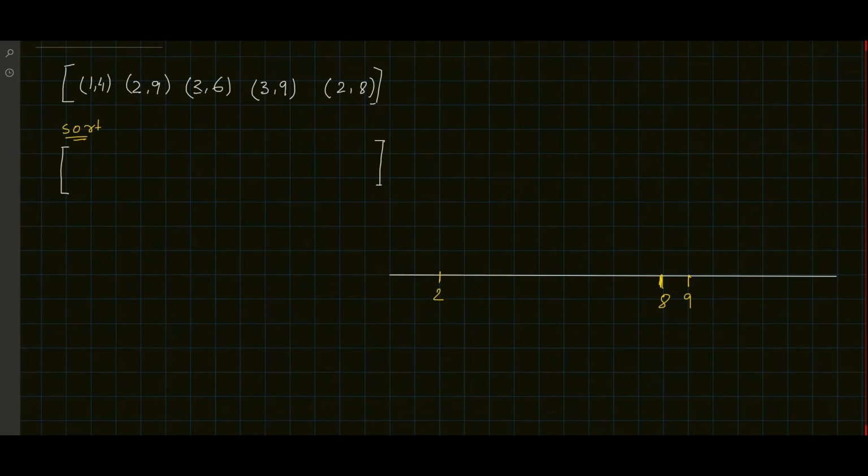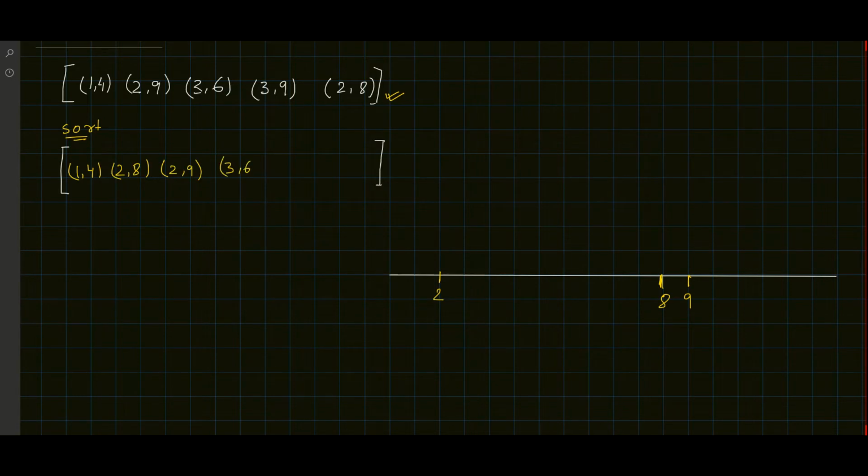So we are given 5 intervals here. Like earlier, first let us sort this. Once we sort, we'll have 1 4, then 2 8, then 2 9, then 3 6.